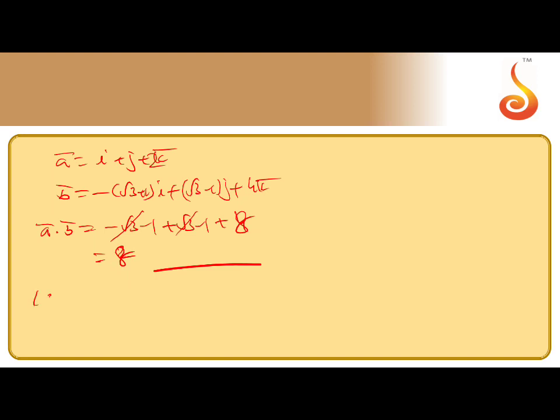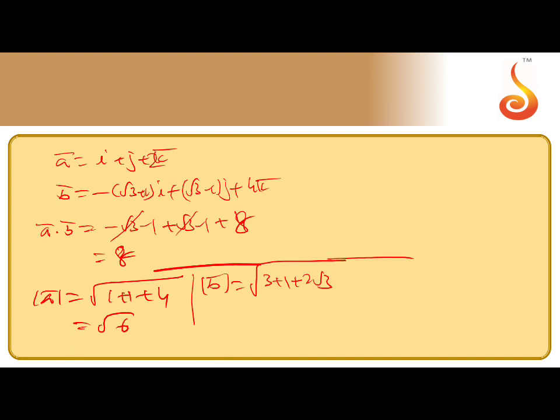So next, modulus a. Modulus a is root over 1 plus 1 plus 4, that means root 6. And modulus b, if you expand, this is a plus b whole square, a minus b whole square: 3 plus 1 plus 2 root 3, 3 plus 1 minus 2 root 3 plus 16. Cancel.